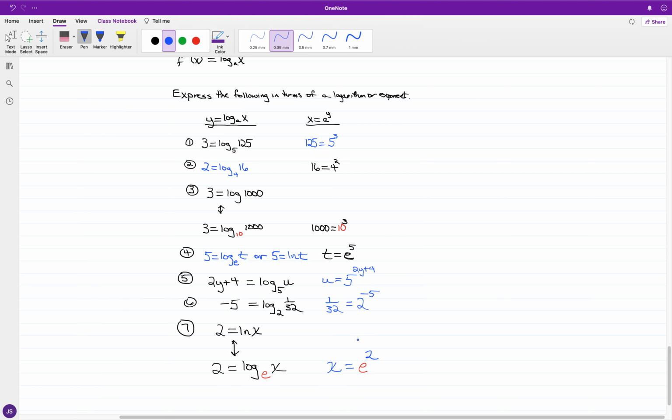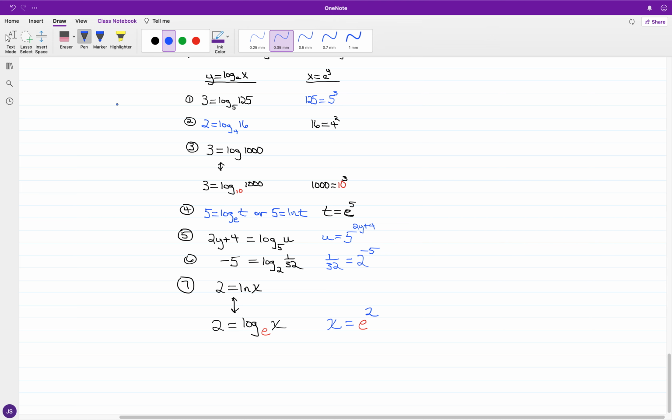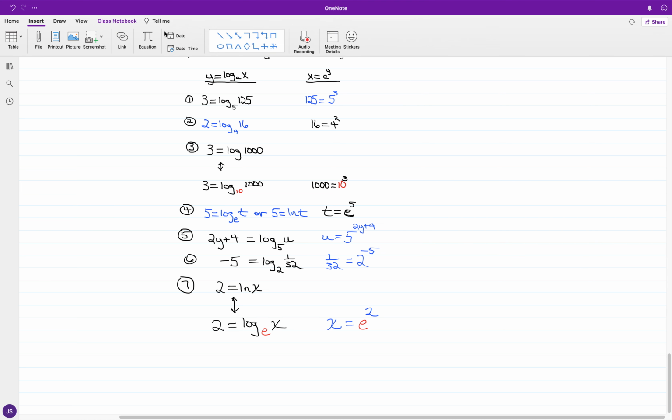All right, and now just another backdrop. We're making a transition from logarithmic and exponential terms and heading over into equations.